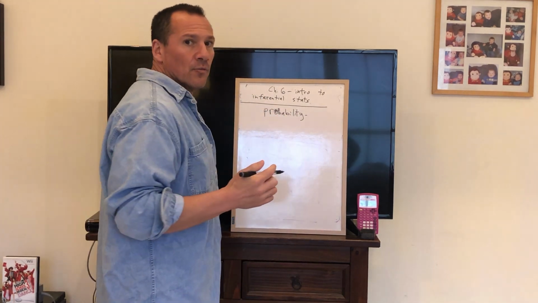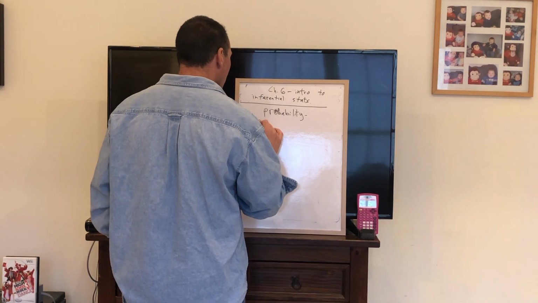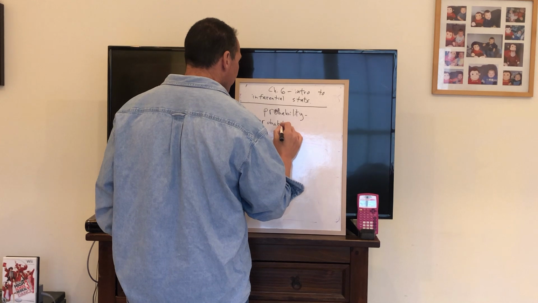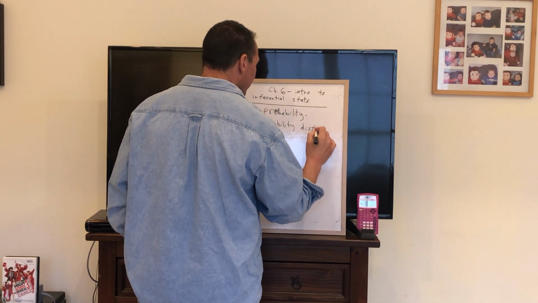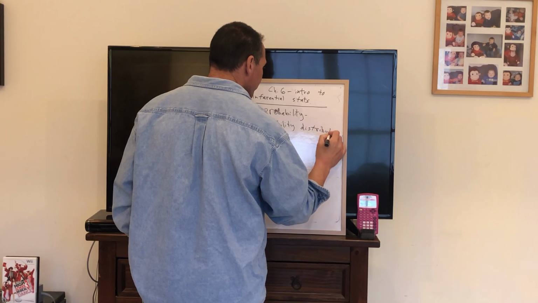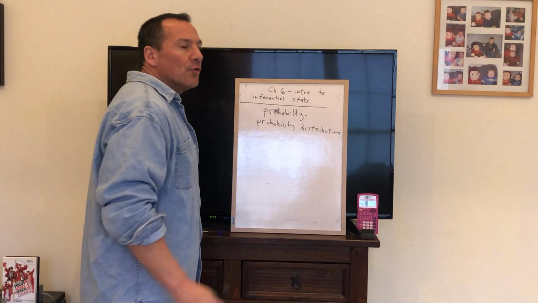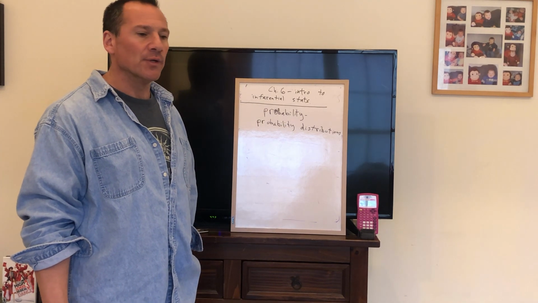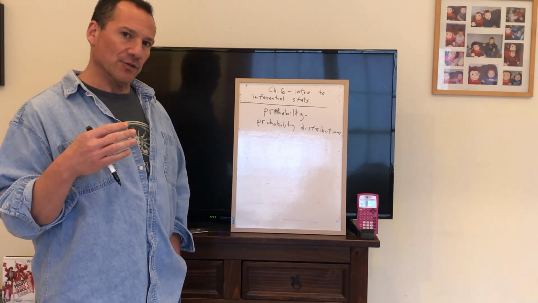So with probability, we have what we call probability distributions. You'll recall from maybe chapter 2, one of the earlier chapters, where we talked about frequency distributions.